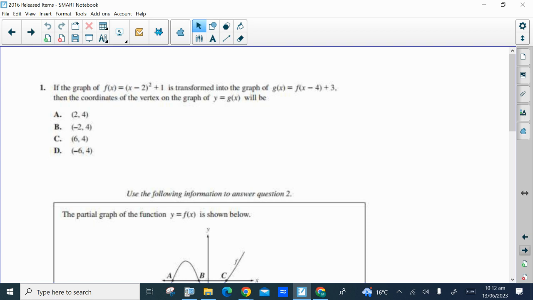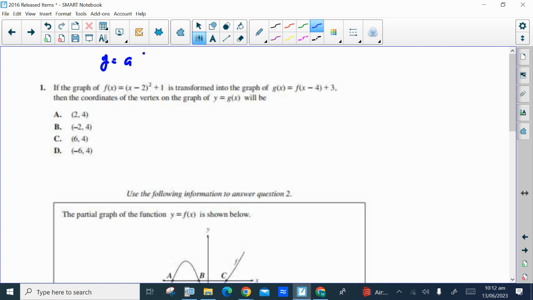If f(x) = (x - 2)² + 1 is transformed into the graph g(x), which is equal to f(x - 4) + 3, where will the coordinates of the vertex on the graph of g(x) be? So that original equation is an equation in vertex form. In 20-1, you learned about the vertex form of a quadratic.